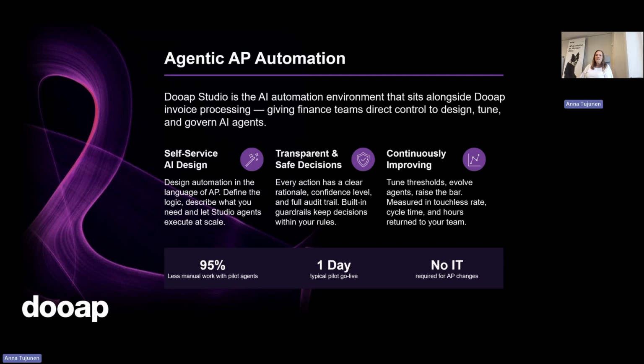We designed Dooap Studio to be a way of safely applying artificial intelligence into those finance processes. We have Dooap Core, which still works as the basis of the process, but then you can choose where you want to, for example, solve a few of those bottlenecks by applying an agent to help you with the process.